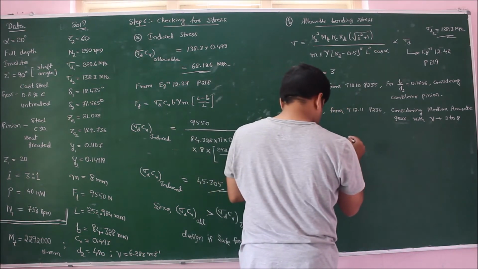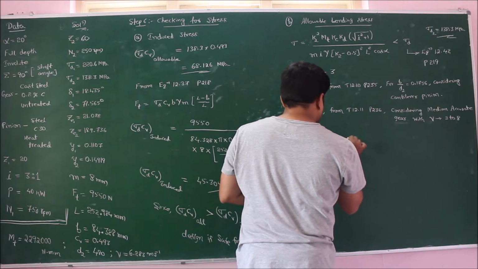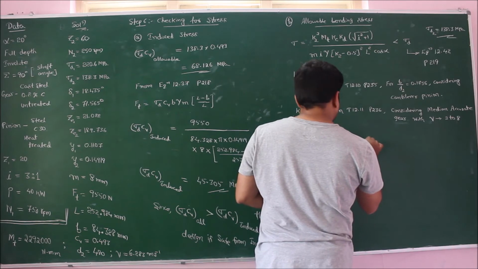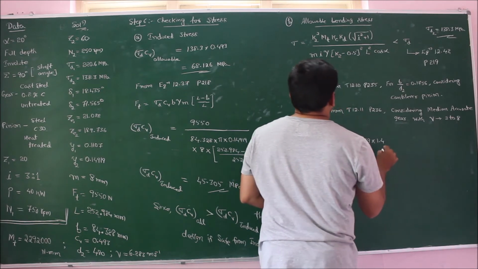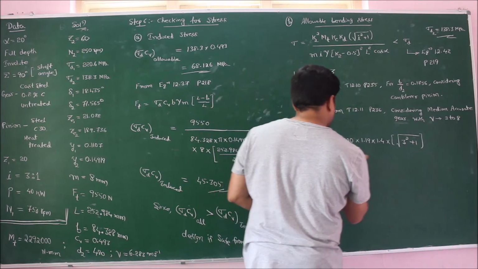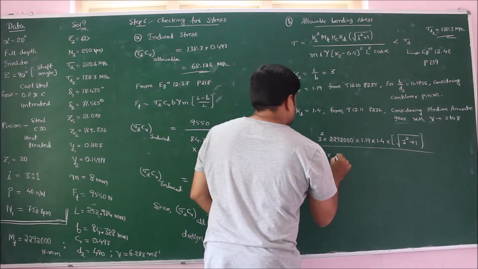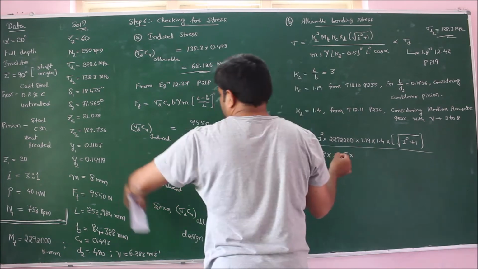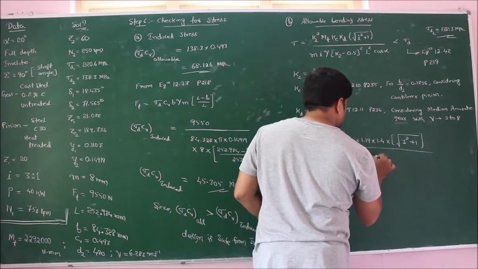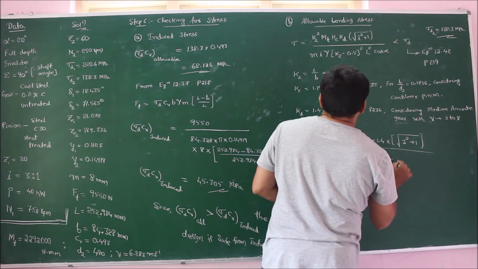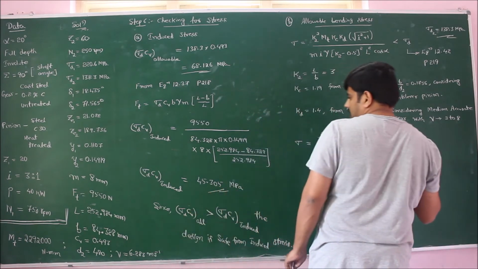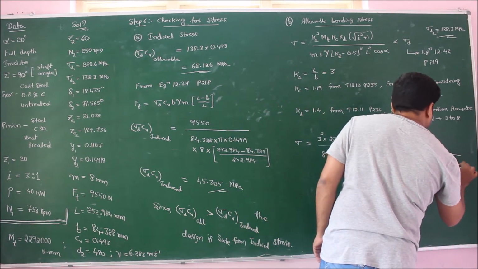So substituting the value, we have 22,92,000 Newton millimeters times Kc is 1.19, Kd is 1.4 times square root of 3 square plus 1 whole divided by module is 8, velocity ratio is 3, capital Y is 5 times the small y2, y2 is 0.14919, times K2 is 3 minus 0.5 square times L is 252.984 square times cos alpha, pressure angle is 20 degree.